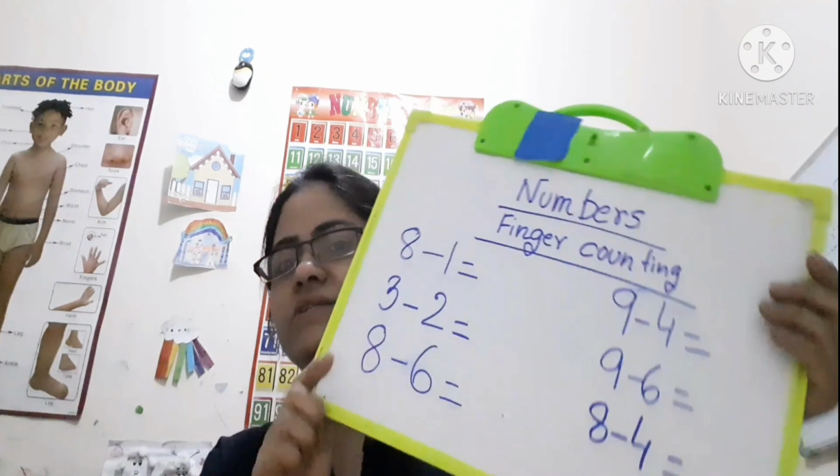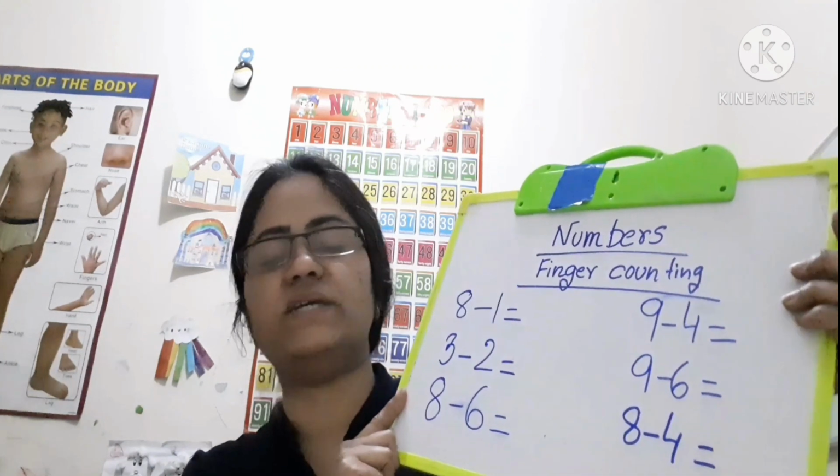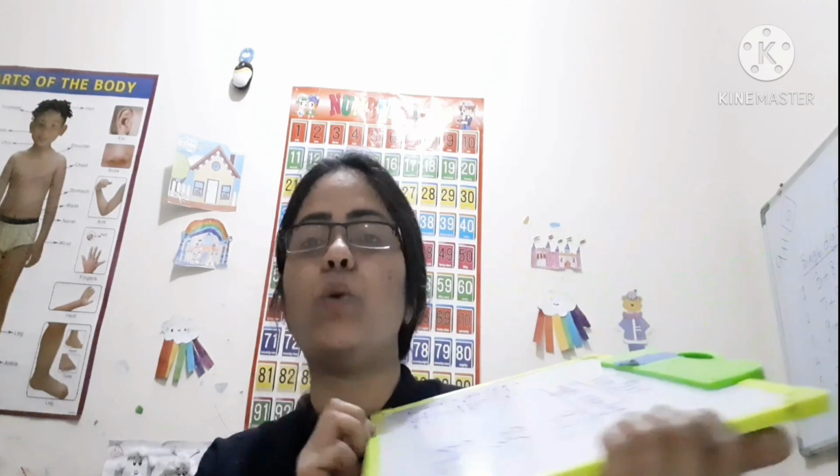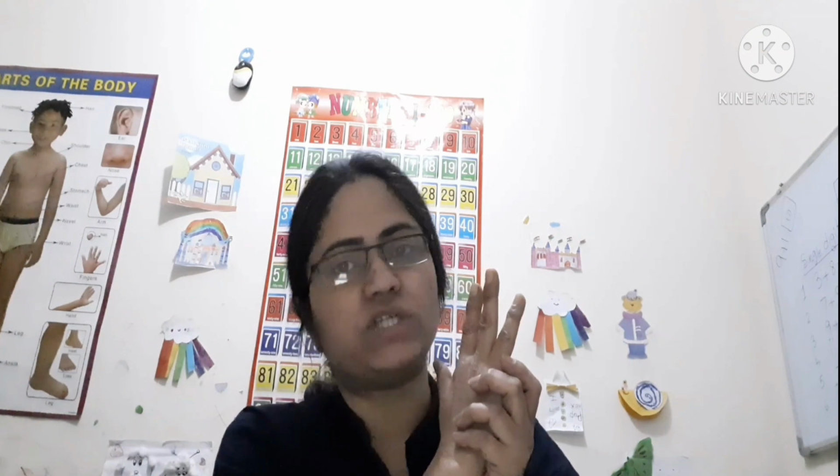See, here is my board. The first number is 8 minus 1. How do I count 8? 5, 6, 7, 8. So this is 8. Minus 1 means that in subtraction, I have to close my fingers.